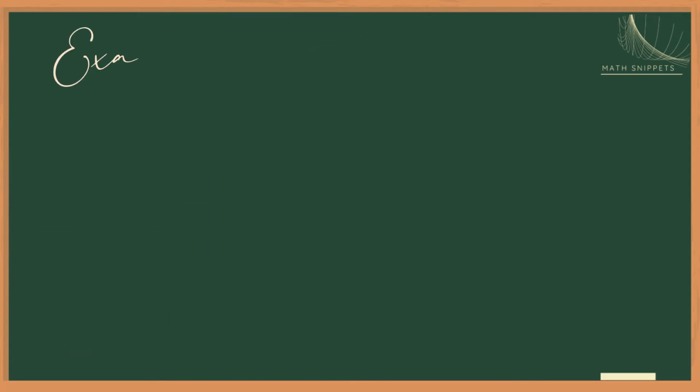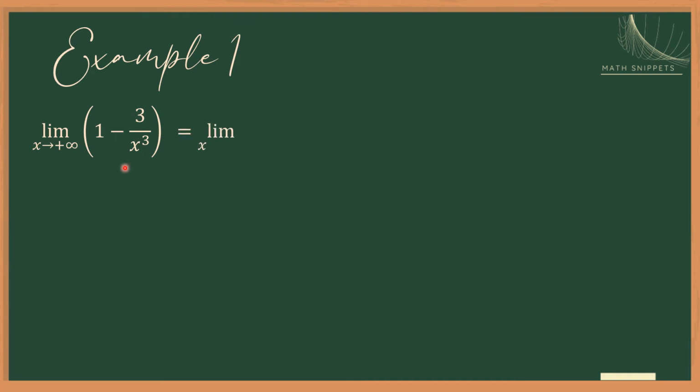So let's take an example. Let's have the limit as x approaches infinity of 1 minus 3 over x cubed. Now here we have a difference of two functions, so we will use the difference law to distribute the limit. So we'll have the limit of 1 as x approaches infinity minus 3 times the limit of 1 over x cubed as x approaches infinity.